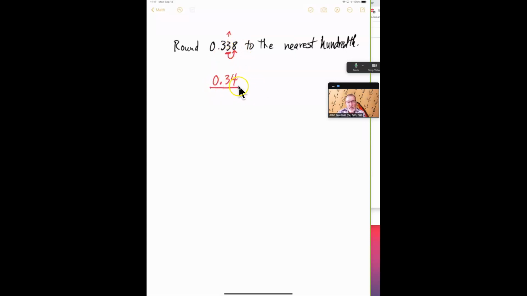So 0.34 or 34 hundredths is the answer to this question. If we had been rounding to the tenths column, the nearest tenth, we would underline the 3 in the tenth column, and then on the immediate right is a 3. So there would be no change to this number, and if we were rounding to the nearest tenth, it would be 0.3. Let's take a look at another problem.